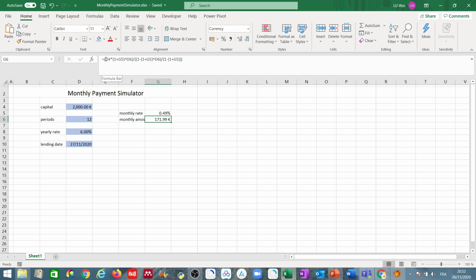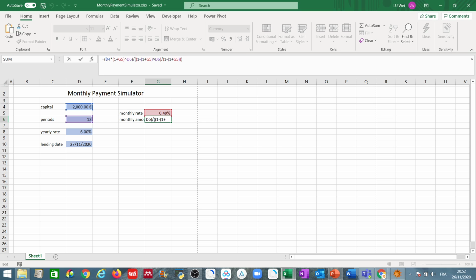Attention, in this calculation, you should remember to close these parentheses to ensure that the calculation follows the same order.